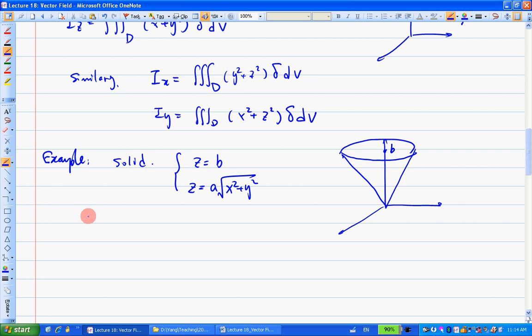What I want is Iz, so I want to calculate the moment of inertia about the z-axis. Assuming the density here is 1, to simplify the situation, it's constant density.